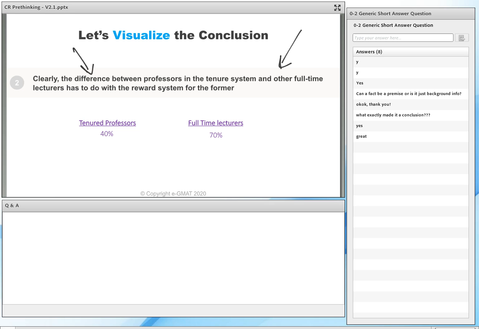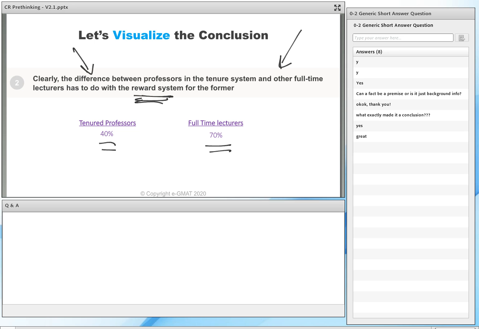Essentially, you say for tenured professors, 40% of the rewards are built around teaching outcomes, and for full-time lecturers, 70% of the reward is built around teaching outcomes. That's something you could visualize over here.